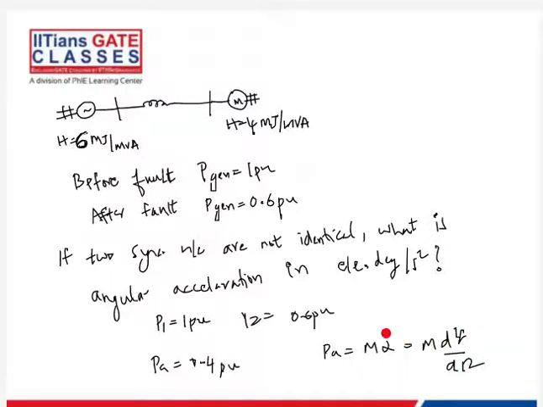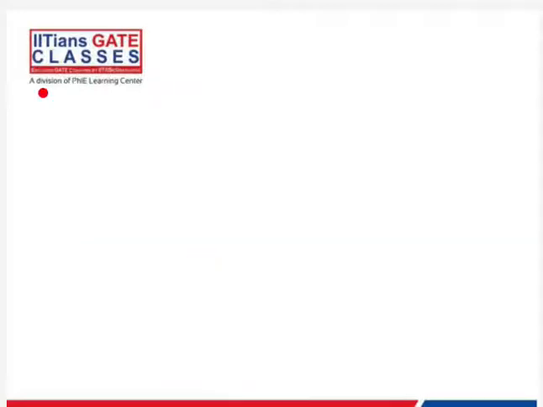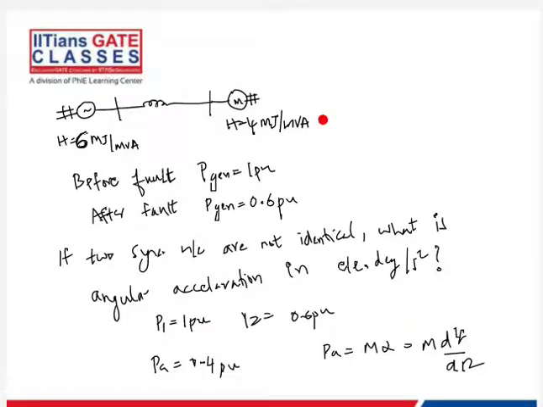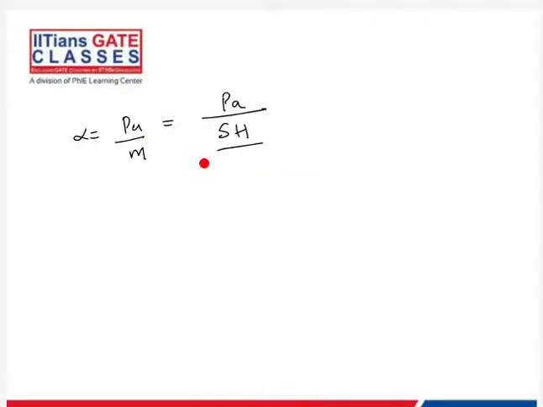So we need to find alpha. Alpha is PA by M. What is M? M is S H divided by 180 f, since they have asked for electrical degrees, not radians. If they are asking for electrical degrees, you use 180 f. If they are asking for electrical radians, you use pi f.